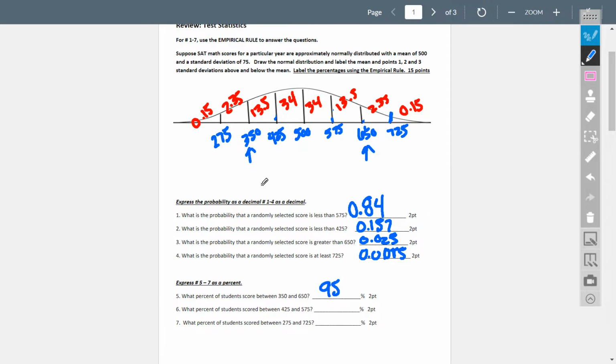Those are within 2 standard deviations of the mean. 425 and 575, 34 and 34, so 68. And then 275 and 725, that's 3 standard deviations. You can add these all up, but we know 99.7%.